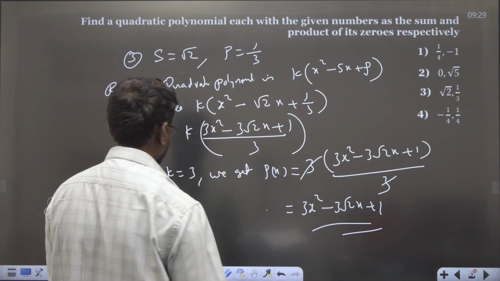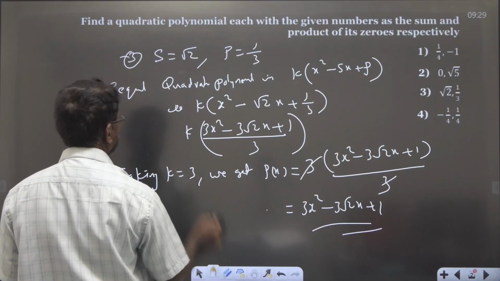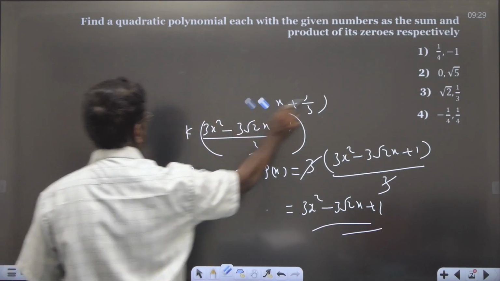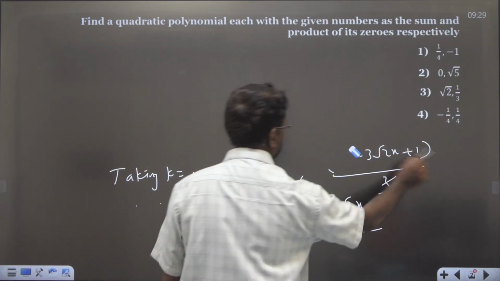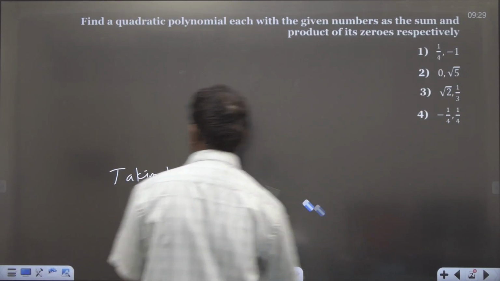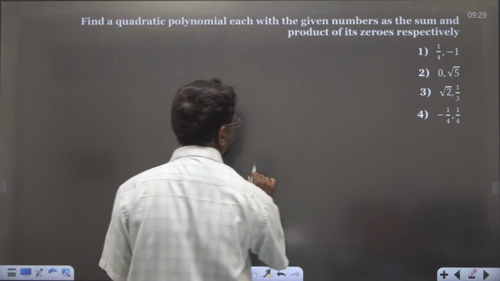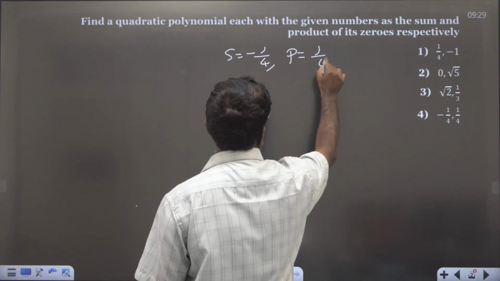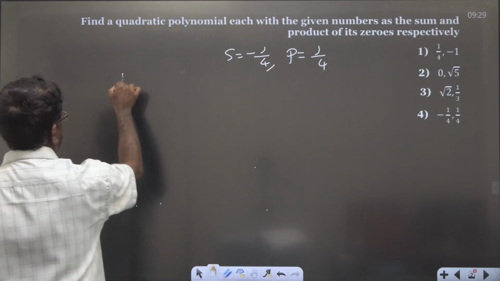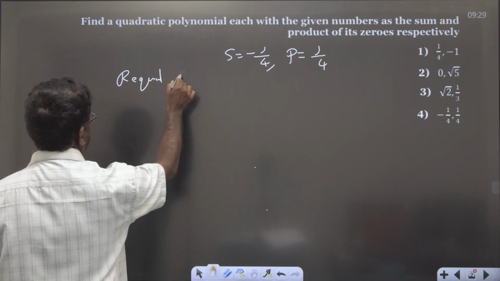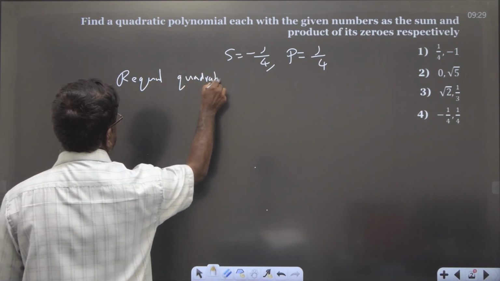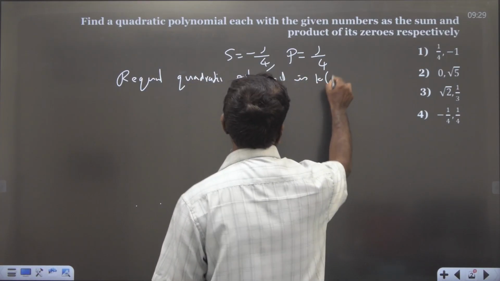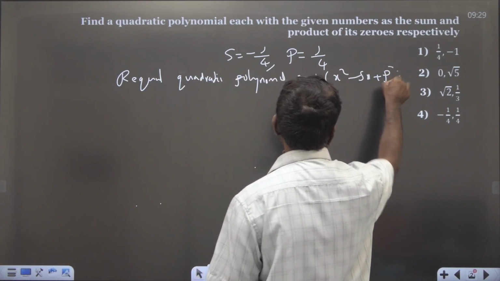Fourth question. In the fourth question, s equal to minus 1 by 4, product 1 by 4. The required quadratic polynomial is, formula k into x square minus sx plus p.